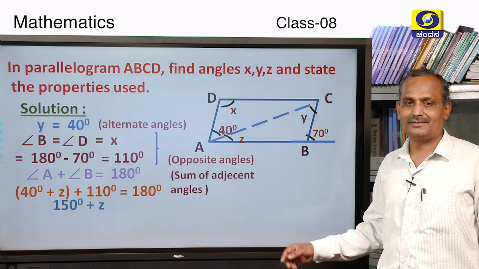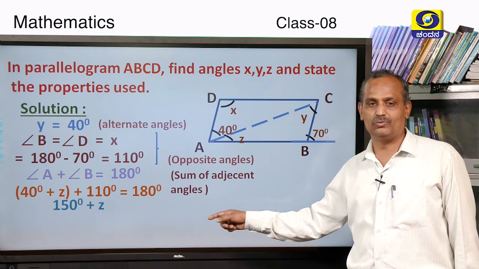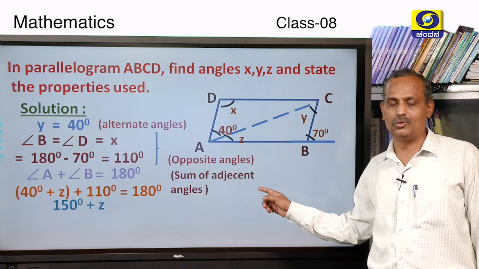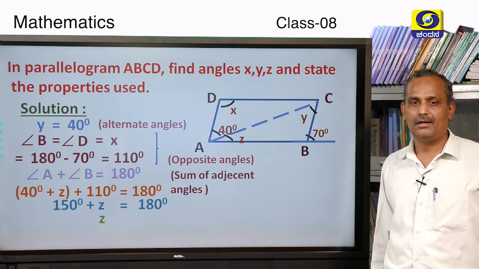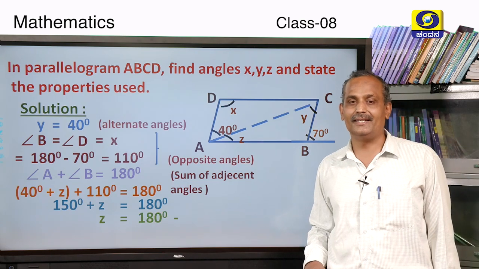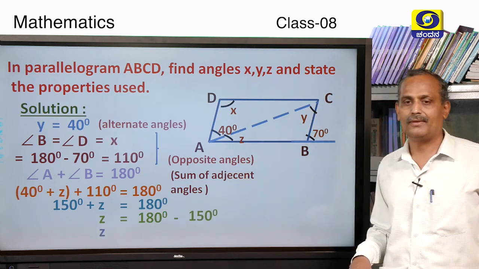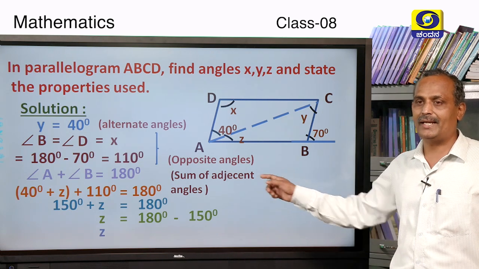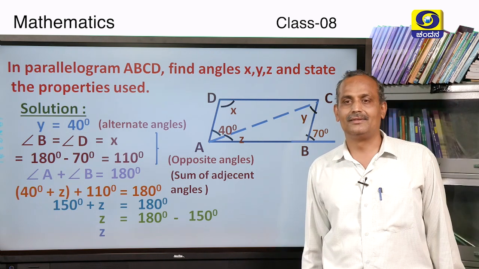So, let us sum these two. 40 plus 110 is 150 plus Z is equal to 180. So, let us move 150 to the right side. So, it becomes 180 minus 150. So, what is 180 minus 150? So, it is 30 degree.